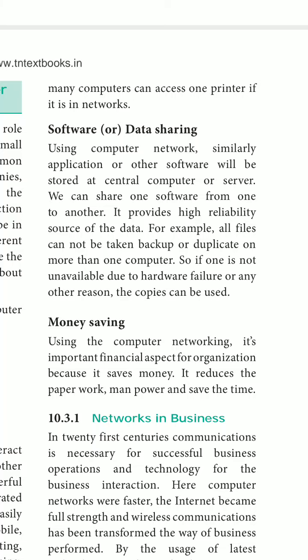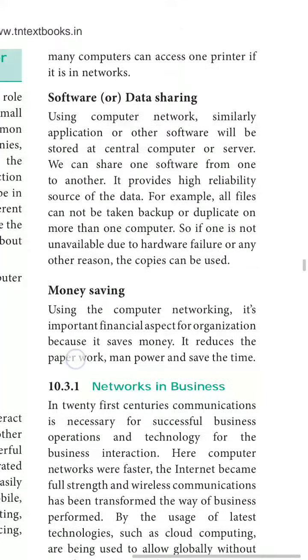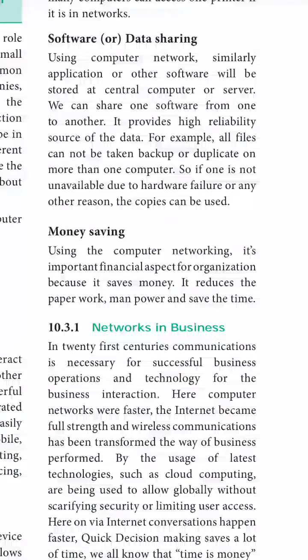Before networks, everything had to be transferred manually. Nowadays you can send a document just by the click of a mouse. So that is cost efficient, and you can save a lot of money in an organization.